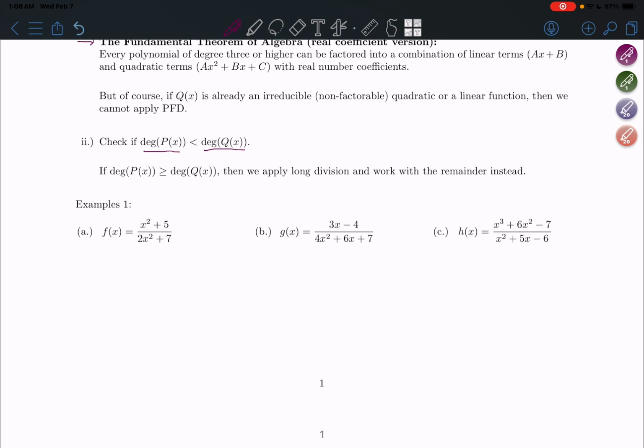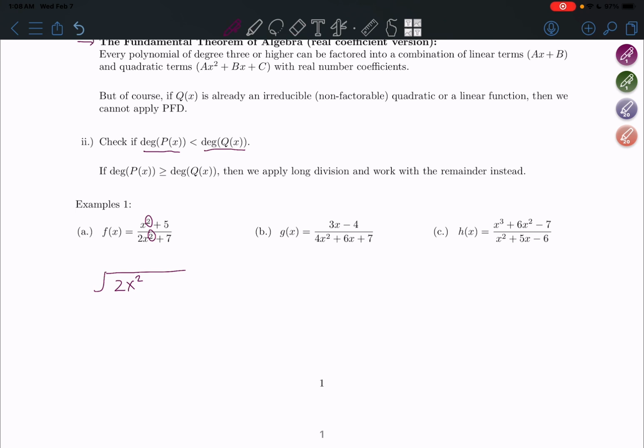Example 1a, f of x equals x squared plus 5 over 2x squared plus 7. The highest power on top and bottom are actually the same. They're both 2. So in this particular case, you actually have to apply long division. Normally, you do need to put a placeholder.